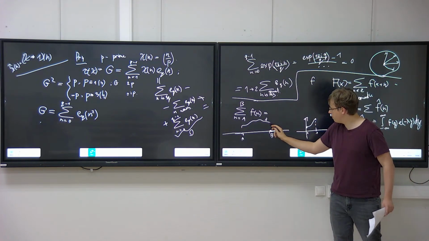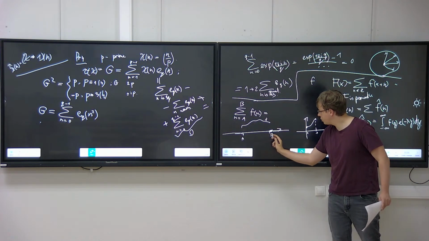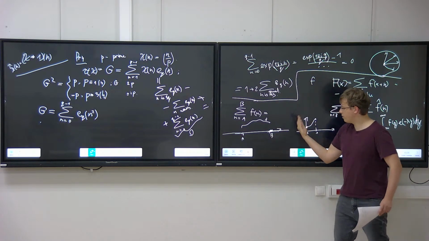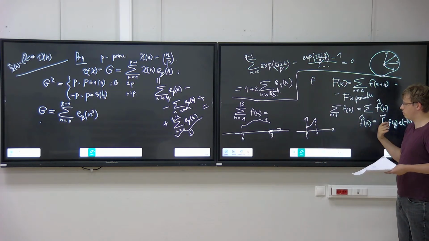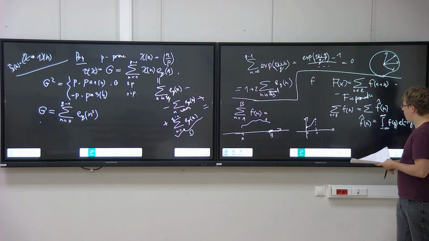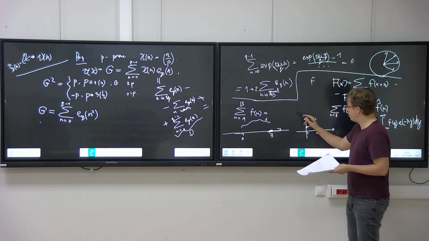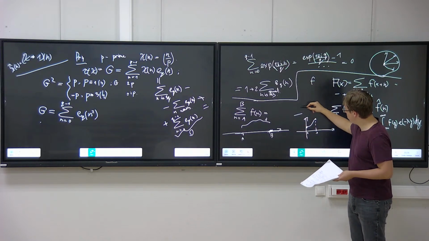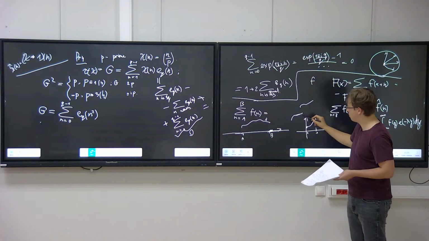Because if we change x to the left, then the difference will be f of b minus f of a. Okay, and you know, if a function is differentiable but it has one point, разрыв какой-то.